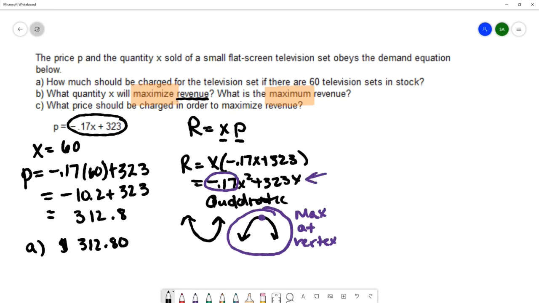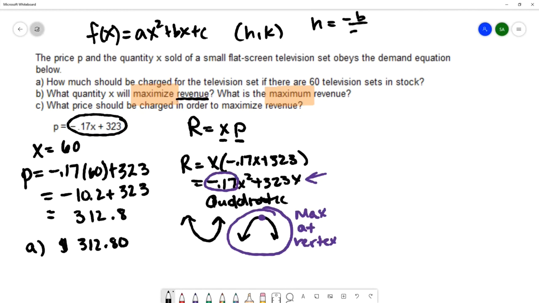We have a formula for the vertex that we're going to use, I'll write it across the top here, for any quadratic function that is written in the form ax squared plus bx plus c. The vertex, which is an ordered pair (h, k), can be found using the vertex formula. h is negative b over 2a, and k, the y-coordinate, we're going to get by plugging in that negative b over 2a into the function.